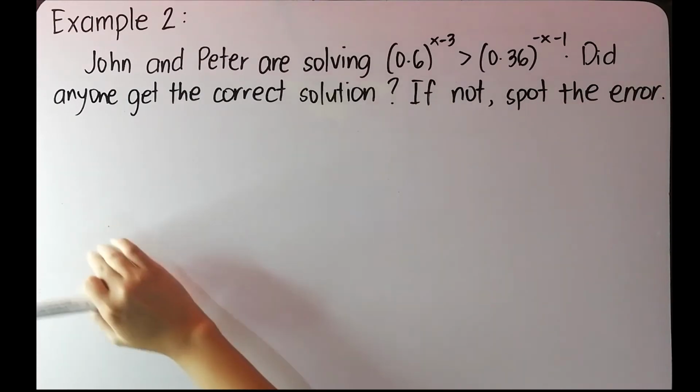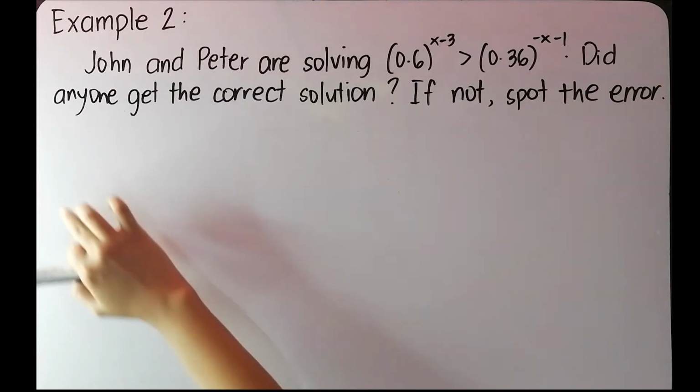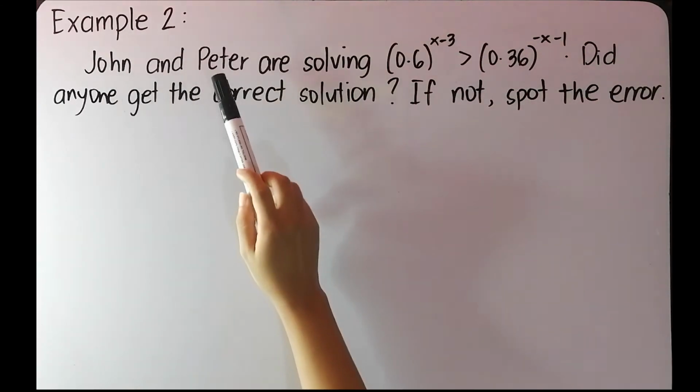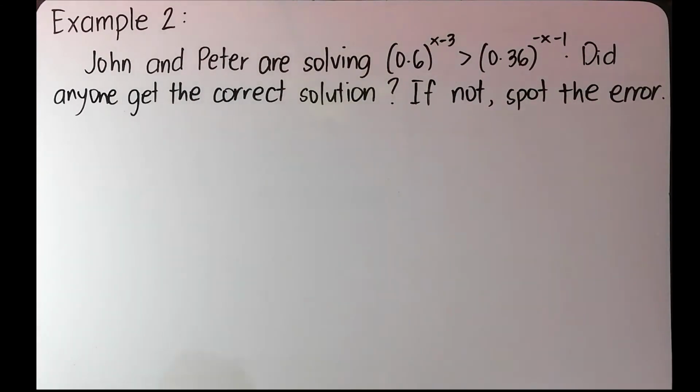So from the previous picture that's shown, we have the solution written by John and by Peter. Let's find out whose solution is correct, or if there is no correct solution, let us spot where they had an error.